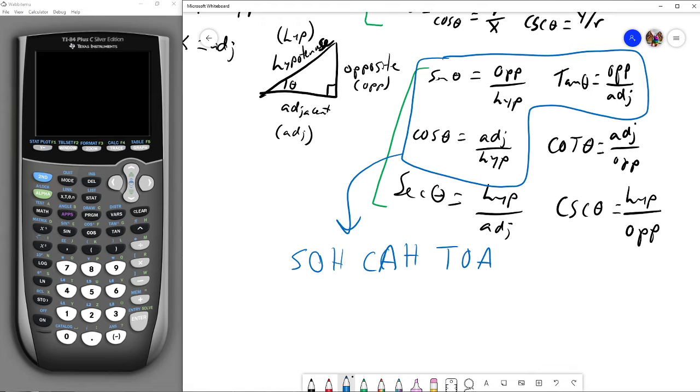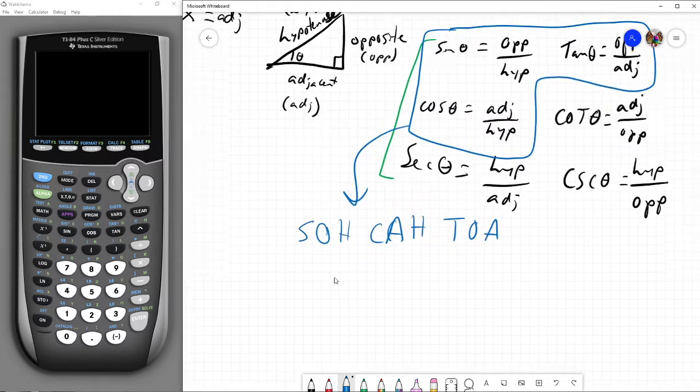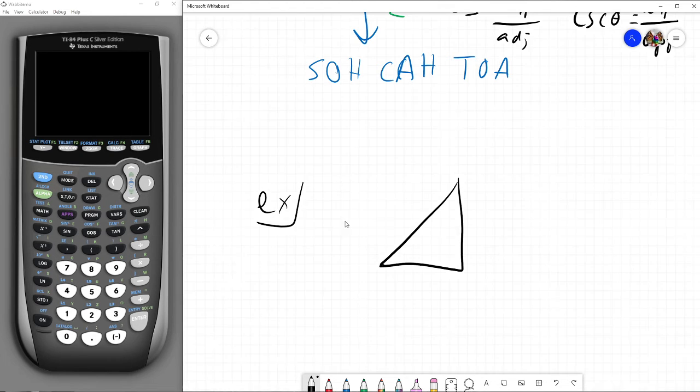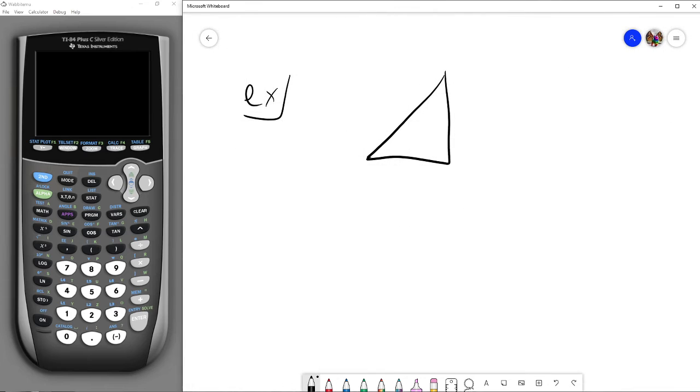So now we can actually already work out some examples. If I have this triangle here, for example, let's make this 5, 15, theta.